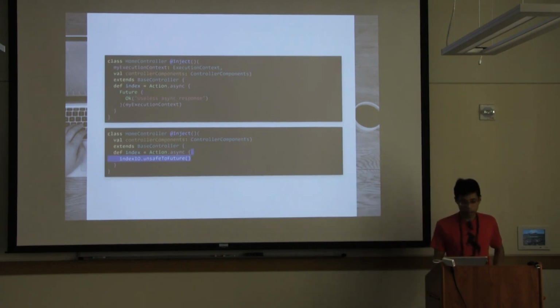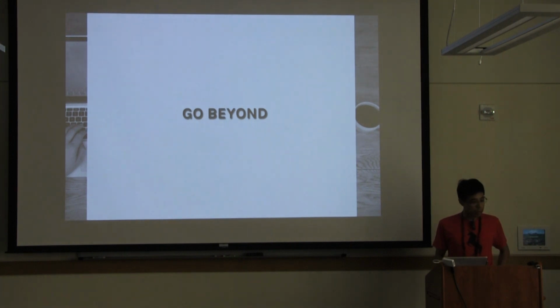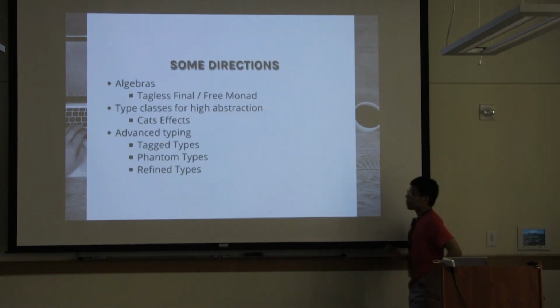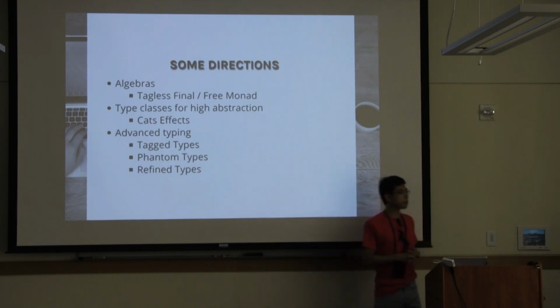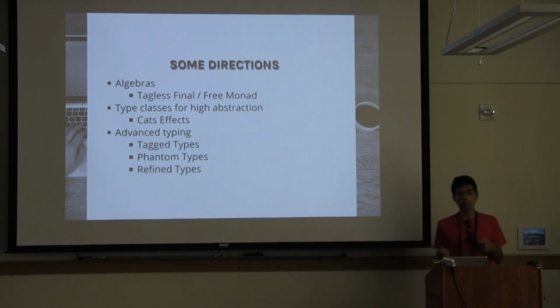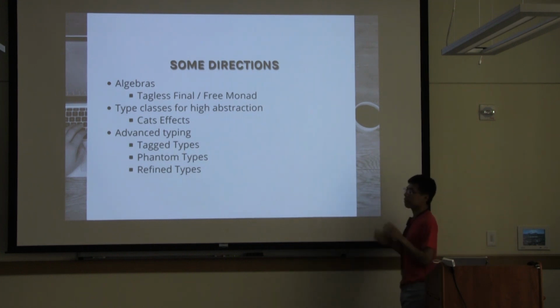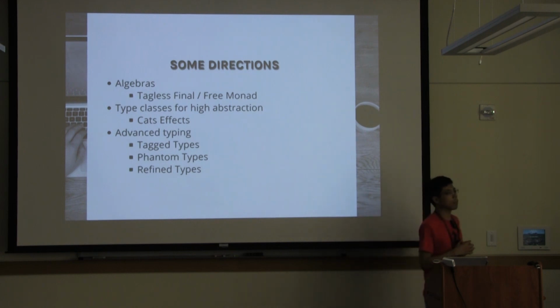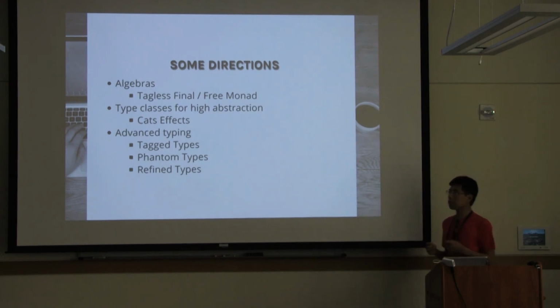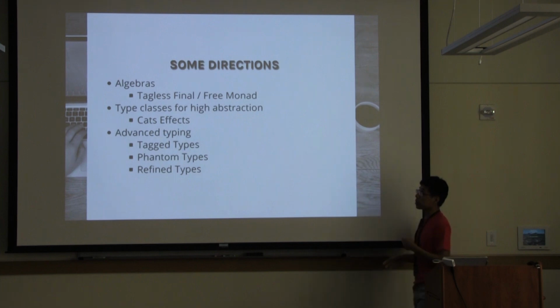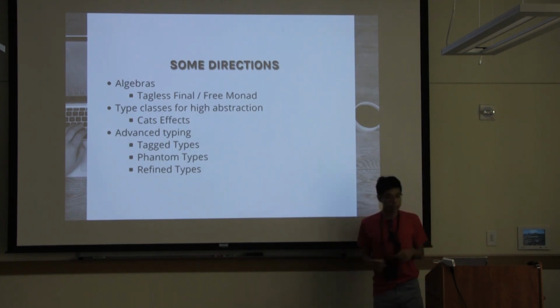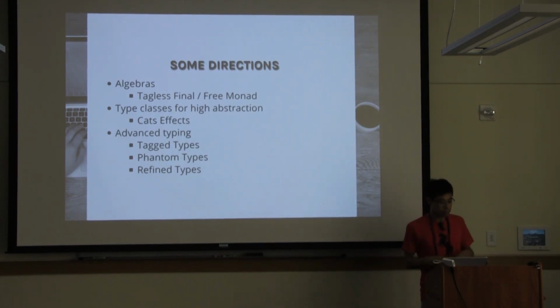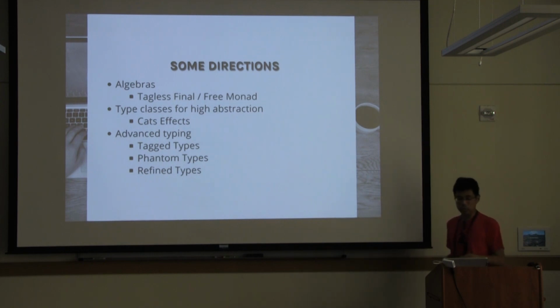Okay. So I don't have much time left, so let's go beyond. What we have seen so far will allow you to do pure functional programming with legacy code, but with very basic functional blocks. Now, there are more advanced functional building blocks, such as algebras, type classes, and sometimes more advanced types, such as refined types.